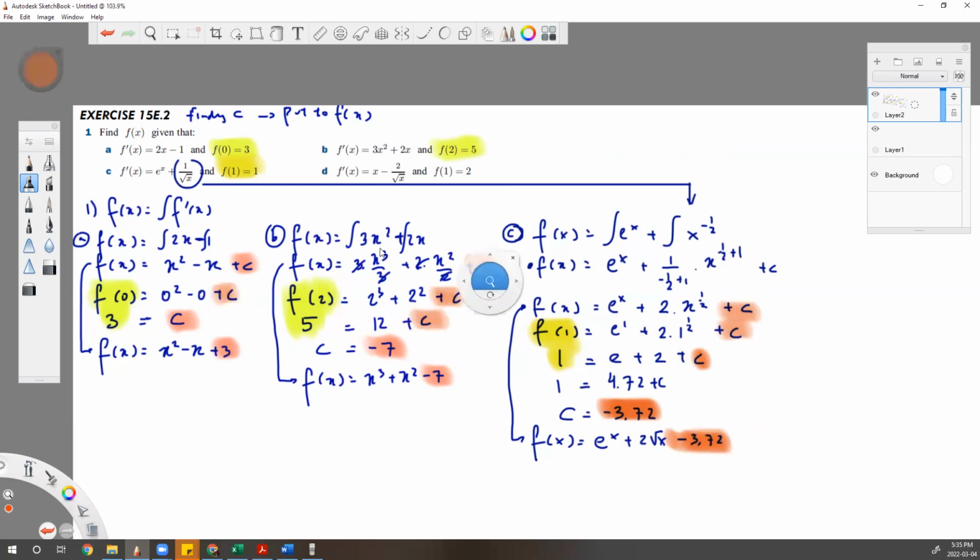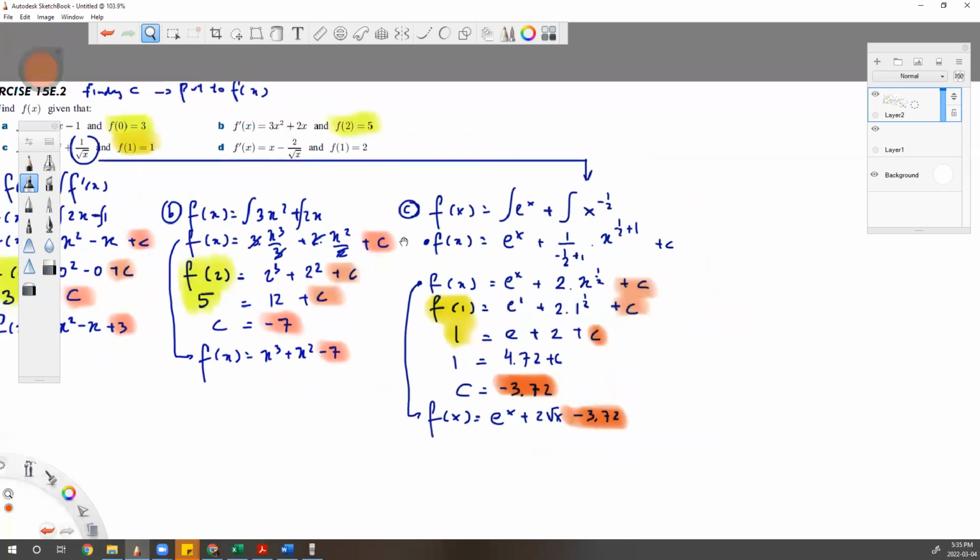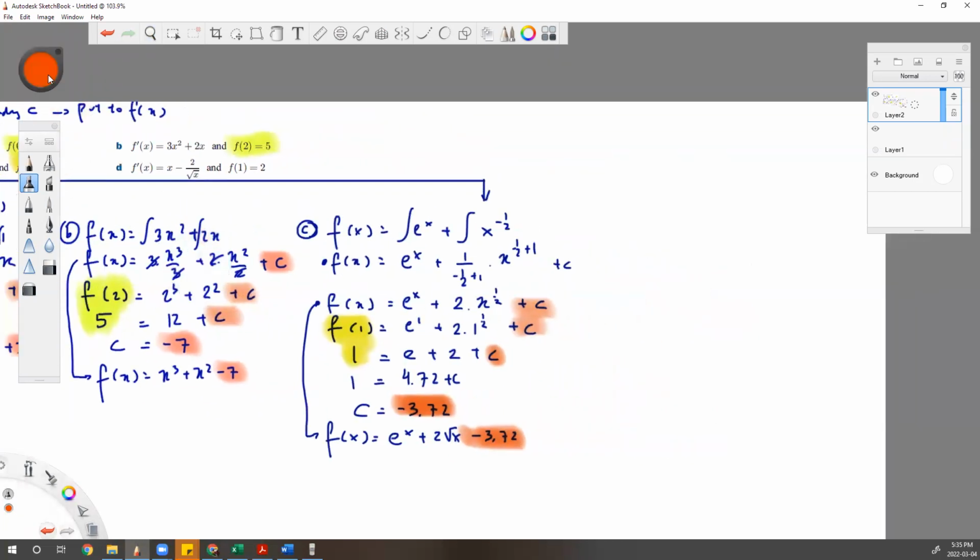Okay, next, b, the last one. Okay, I think we have enough time to finish this. f(x) equals the integration of x minus 2x to the power negative half, right? It's the same, see?